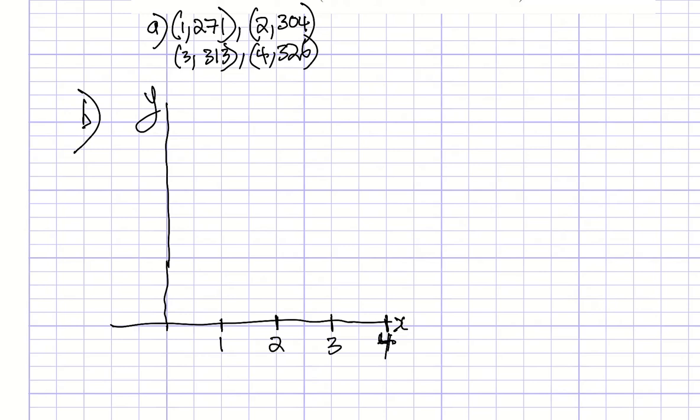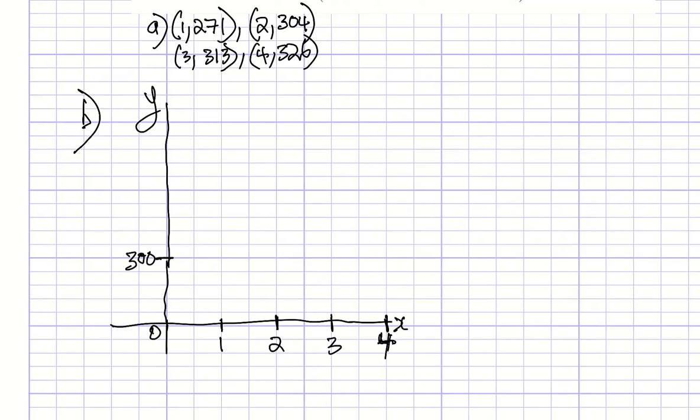And then for y, let's say this is 0 here. We'll do 300. 1, 2, 3, 4, 5. You've got to be careful.